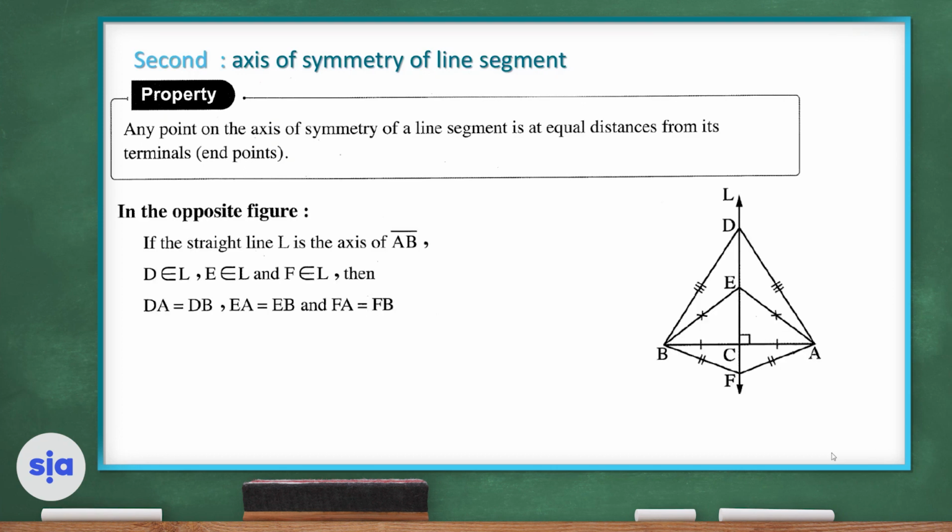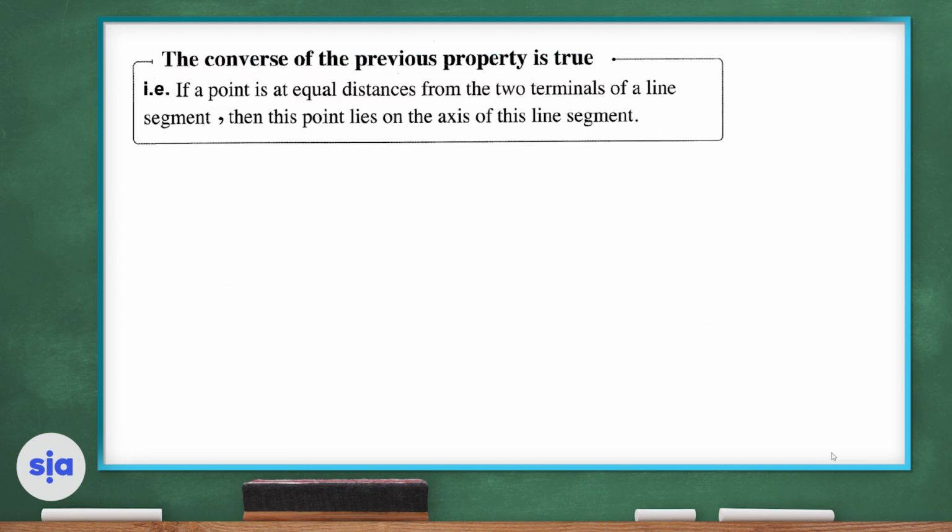In the opposite figure, if the straight line L is the axis of AB, where D belongs to L, E belongs to L, and F belongs to L, then DA is equal to DB, and EA is equal to EB, and FA is also equal to FB. The converse of the previous property is also true.